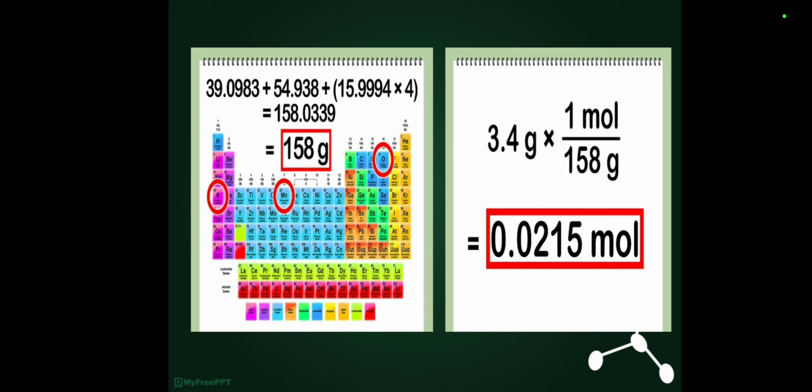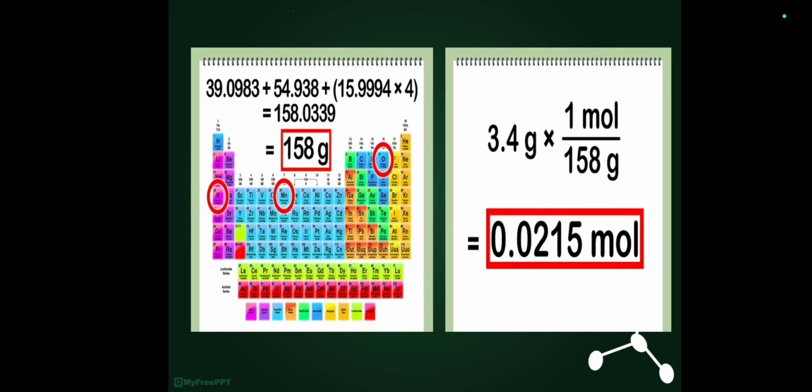So let's go now on how to calculate it. 3.4 grams is given times 1 mole over 158 grams. So just cancel the same units. So 3.4 times 1 is equal to 3.4 divided by 158.